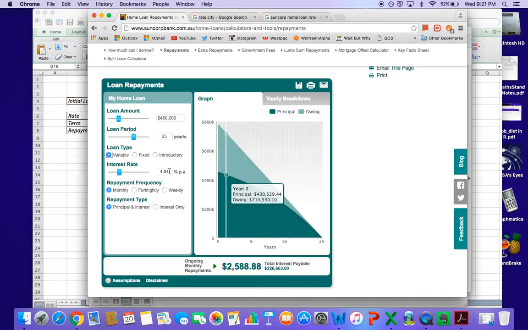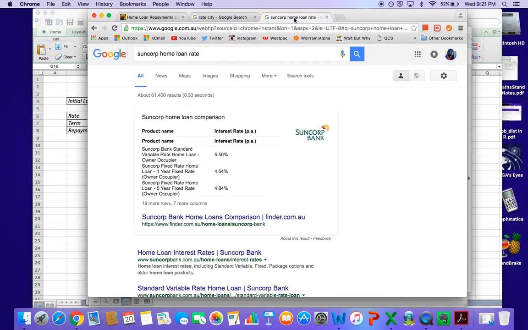So the rate I've got here is 4.84. Where did I get that from? I just Googled Suncorp home loan rate, and you can see here there's the rate of 4.84. It's fixed over 5 years. I could do the one for 1 year. It doesn't really matter. We're just getting a rough idea at this stage.